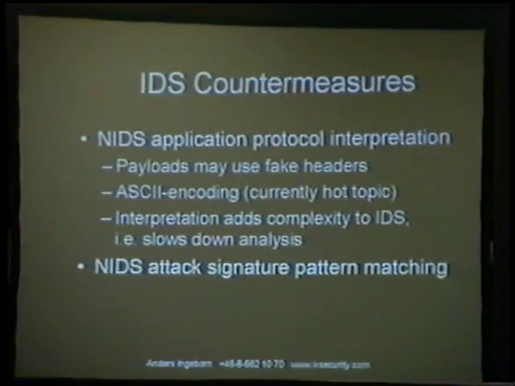Another thing besides protocol interpretation is for the network-based intrusion detection system to perform pattern matching of attack signatures. Of course, this will always work as a countermeasure as long as the attack signatures are valid for the particular exploit that the particular attacker is using at the particular time.